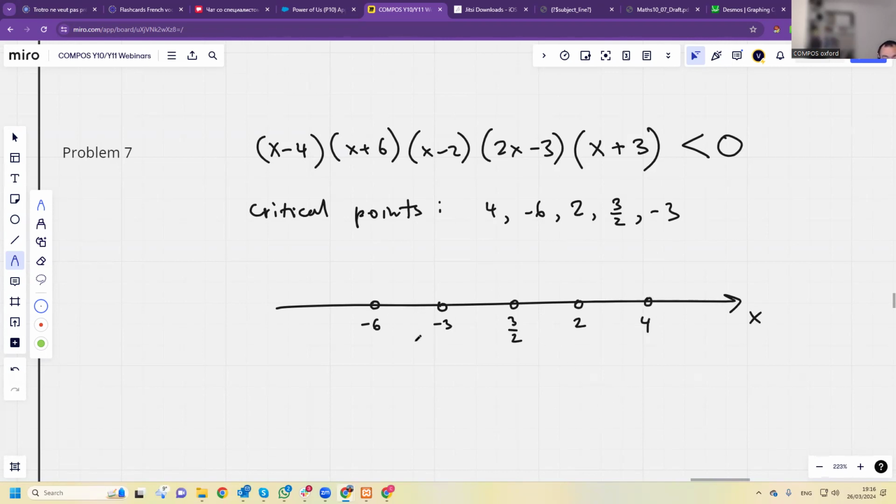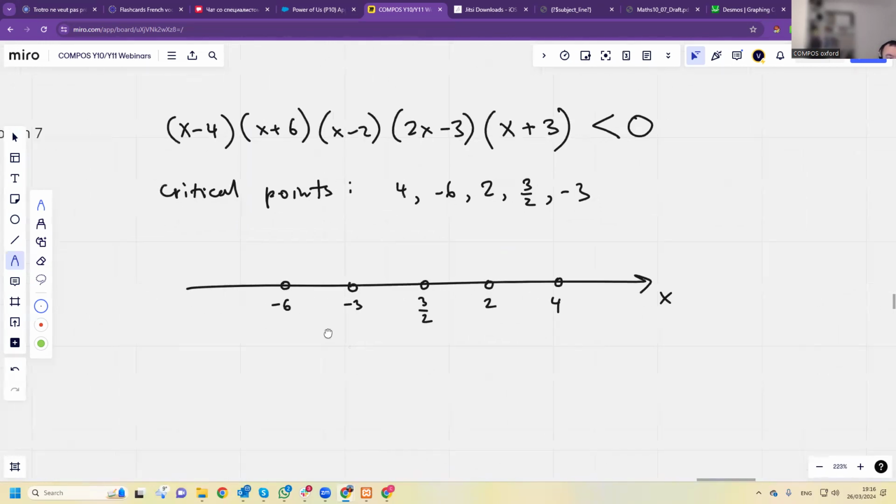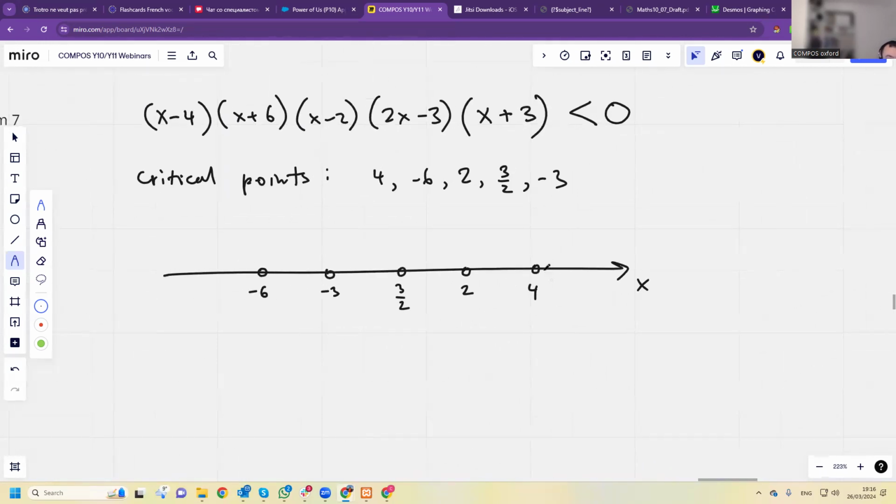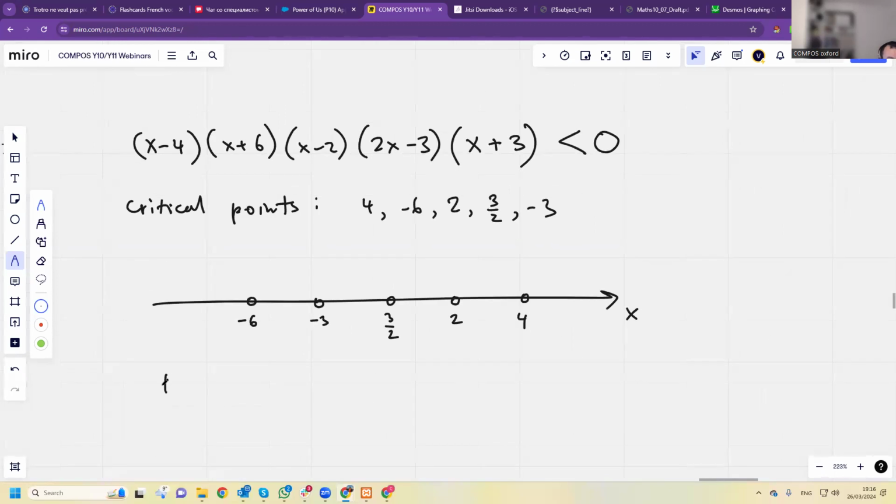Now we test any point from one single interval. Let's say x is 10 or 100. Why not? x is 100. So if x is 100, is this expression positive or negative? Positive, of course. So this is positive.